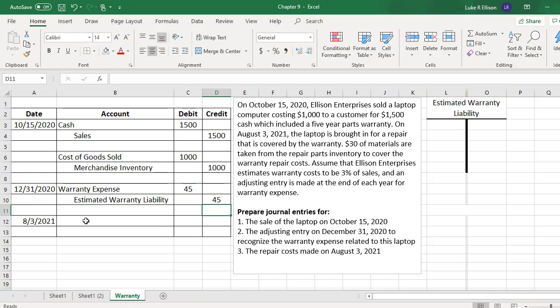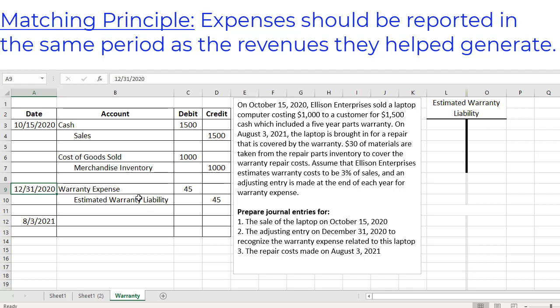You might be wondering, why are we recording this warranty expense of $45 in 2020? Why shouldn't we record that in 2021 when the actual repair costs are made? And the reason, as I touched upon earlier in the video, is the matching principle. This expense is related to the sales that were made in 2020. So therefore, the warranty expense should be reported in the same period as the sales.